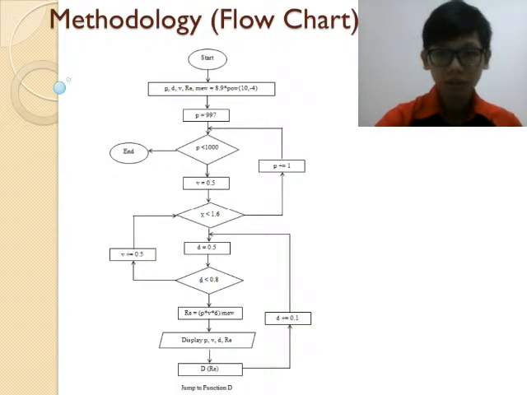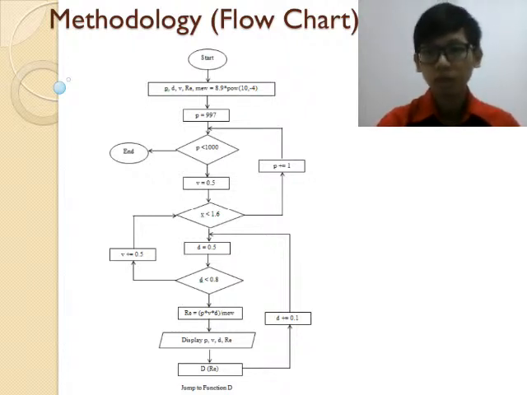So next we will move to the flow chart of this program. The figure below shows the flow chart of the program. As we can see, the flow chart starts, then we have to specify the parameters that we are going to use.